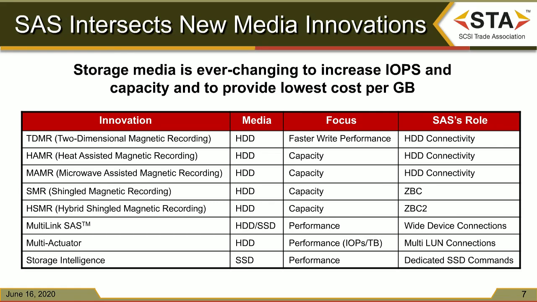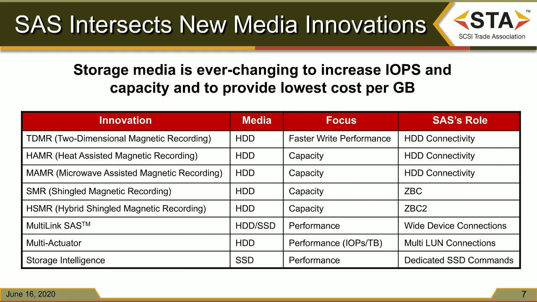So I've created a table listing some of these and SAS's roles in these technologies. I started out with some of the magnetic recording technologies. TDMR, two-dimensional magnetic recording, focuses specifically on faster write performance. And then the assisted magnetic recordings, HAMR and MAMR, two variants of a very similar thing, are very focused on increases in capacity.